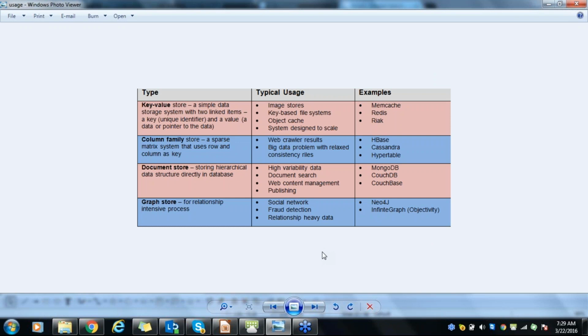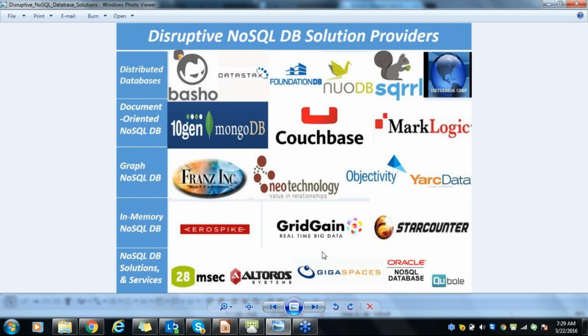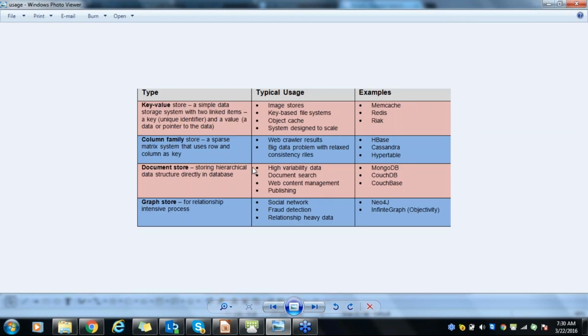So this is, at a high level, what NoSQL is. In the coming sessions, I will let you know how to write a NoSQL query in a key value system or in a column family. I will take Cassandra as the main example.